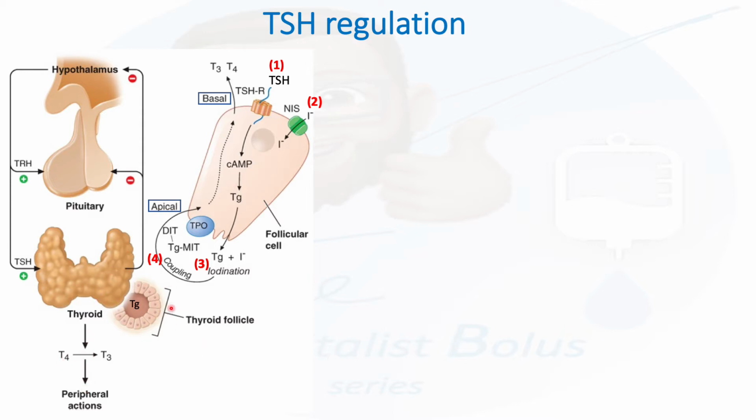Now this happens mostly in the unit called the thyroid follicle, which is basically formed by the follicular cell and the colloid, which has mostly thyroglobulin.